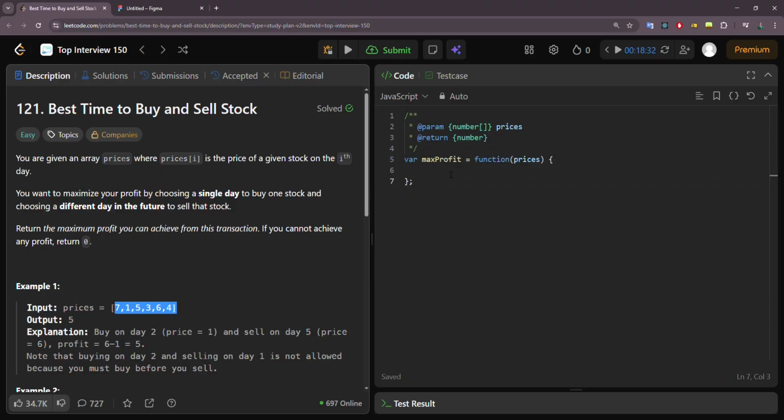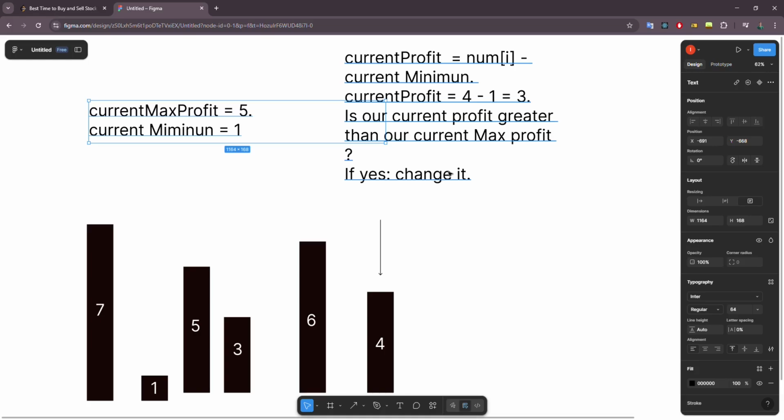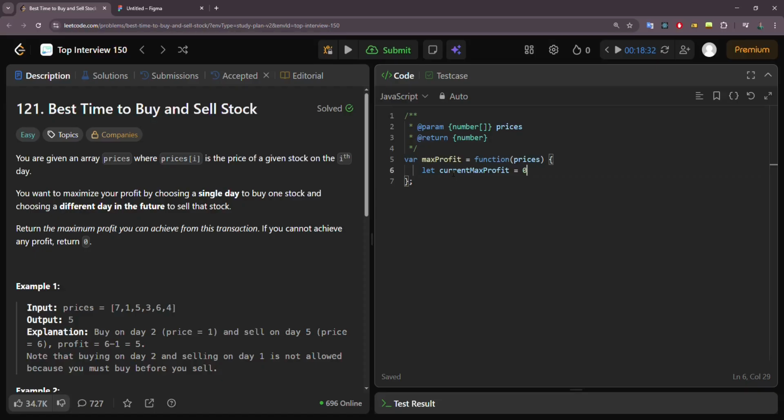Give me a second. Okay. First, we are going to create the current max profit variable, that we need to set to 0.